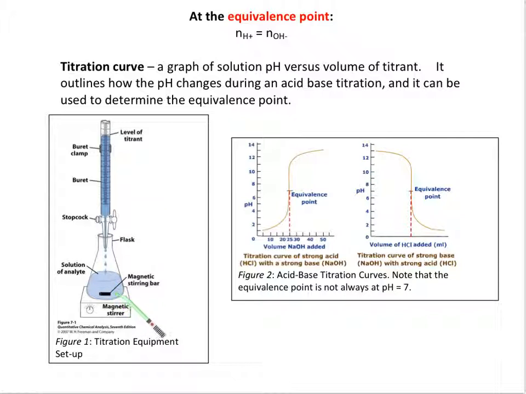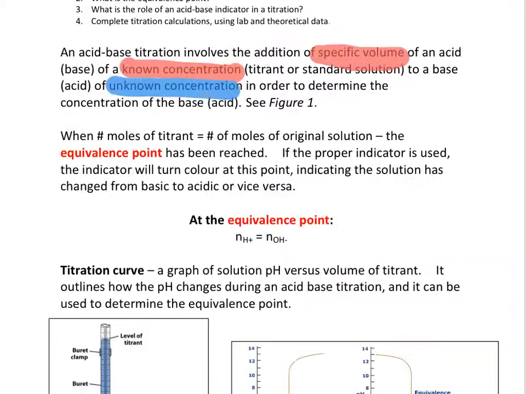How you know you're at the equivalence point is because the contents of your Erlenmeyer flask, containing in this case your base of unknown concentration, will turn color, because of an indicator that is present. The acid-base indicator has to be selected based on the type of substances you're using, so your titrant and the substance that is being titrated.